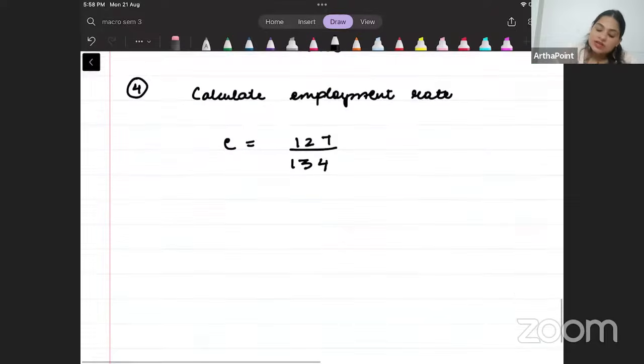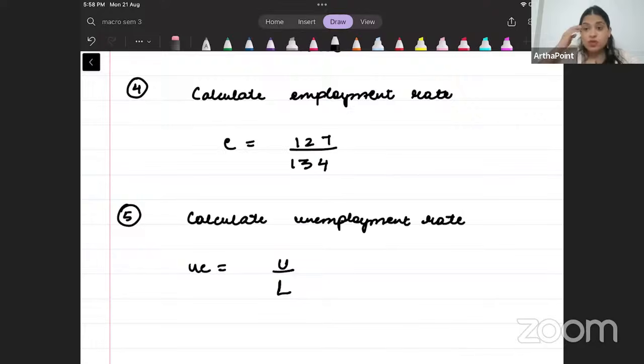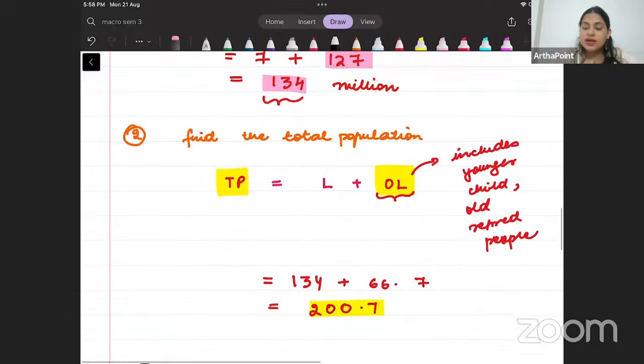Okay. Similarly, if I ask you to calculate unemployment rate, again beta, unemployment rate will be people unemployed by labor force. Nobody will divide it by population. No mistake should be done here.